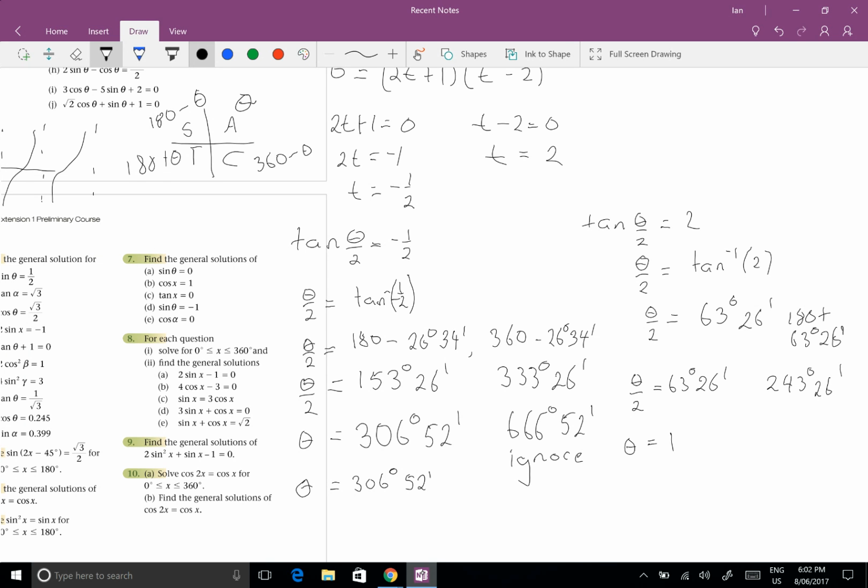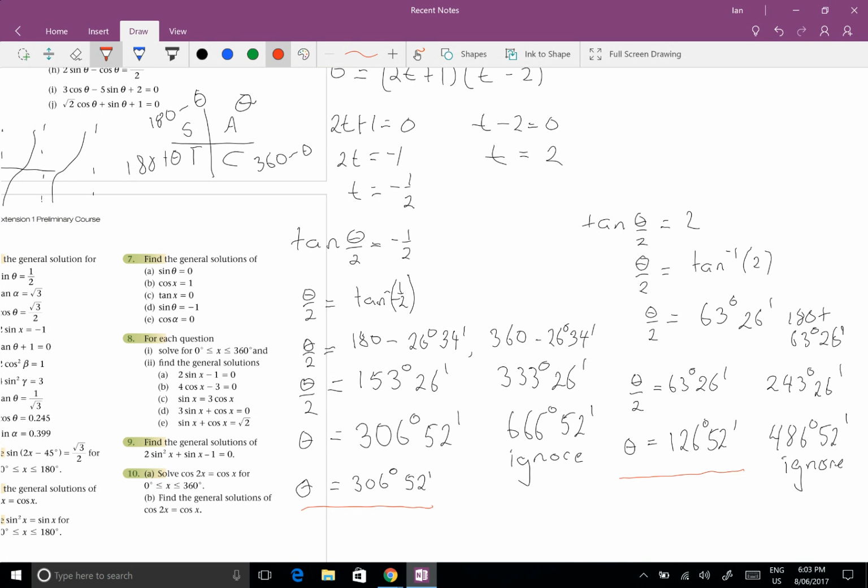Well, that's okay. 126 degrees and 52 minutes. But 243 degrees and 26 minutes times 2 is 486 degrees and 52 minutes. And we have to ignore that one too because it's out of the domain, well out of the domain. So our two answers are 306 degrees and 52 minutes and 126 degrees and 52 minutes.